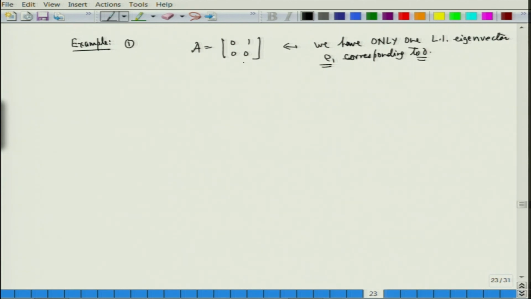So let's try to show that A is not diagonalizable. Claim: A is not diagonalizable. How will I do this? Suppose, on the contrary, A is diagonalizable.